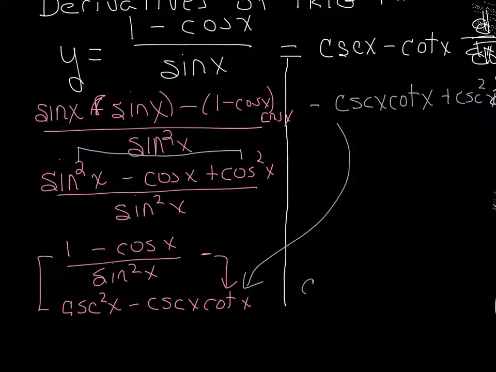I could rewrite it as the cosecant squared x minus cosecant x cotangent x. And you can easily see that whichever form of that original function you decide to use, you can get the same derivative function.